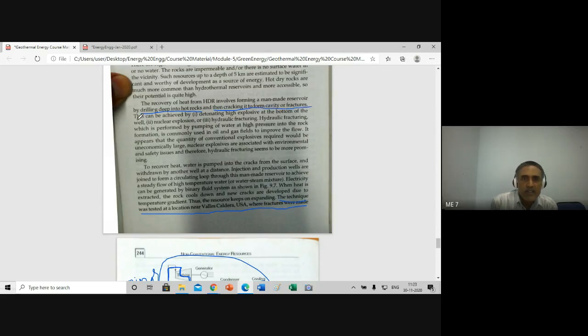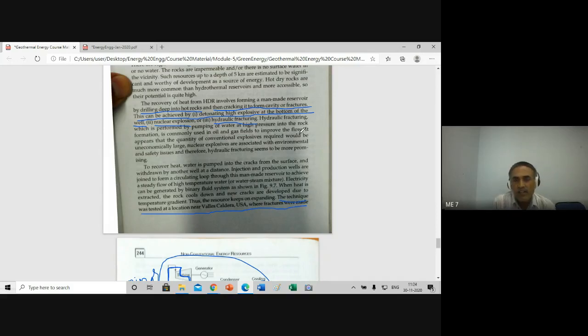This can be achieved by detonating high explosive at the bottom of the well, and then nuclear explosion or hydraulic fracturing by using dynamite, etc. They will explode that one, detonate, explosion takes place.